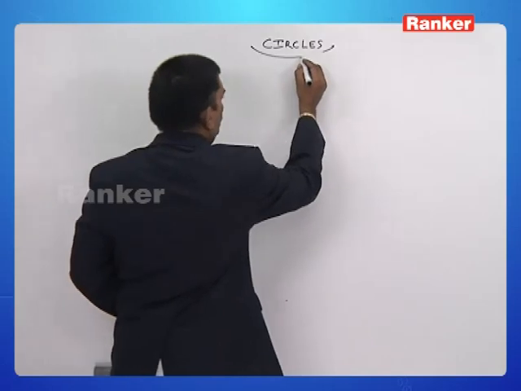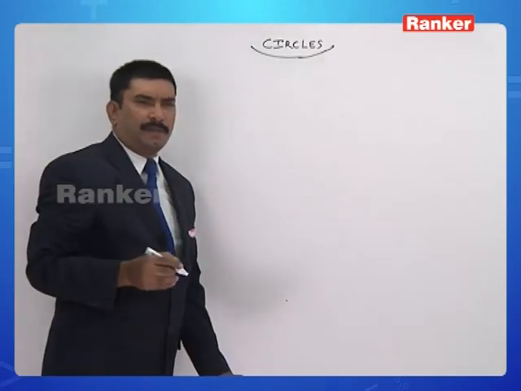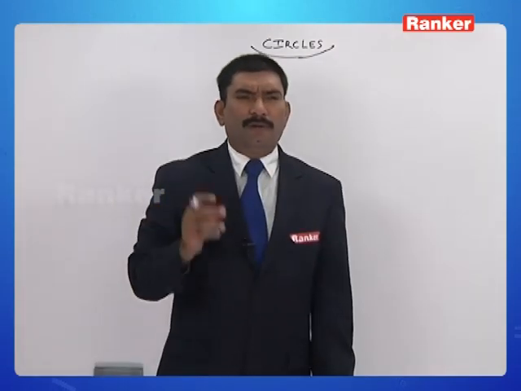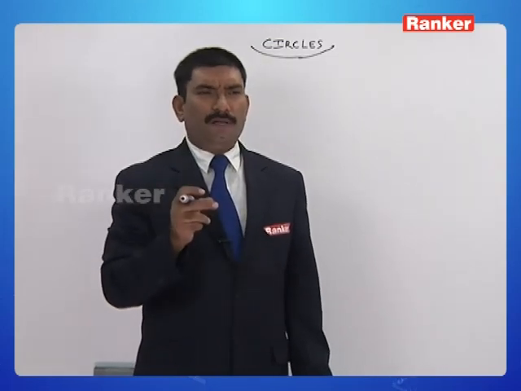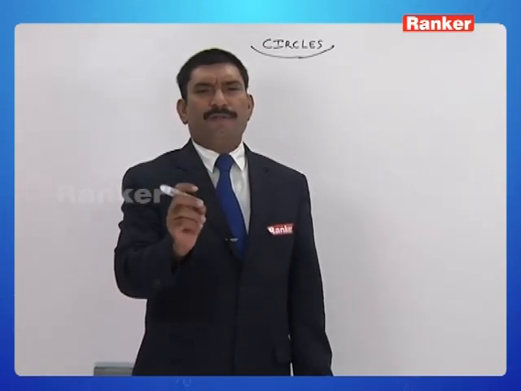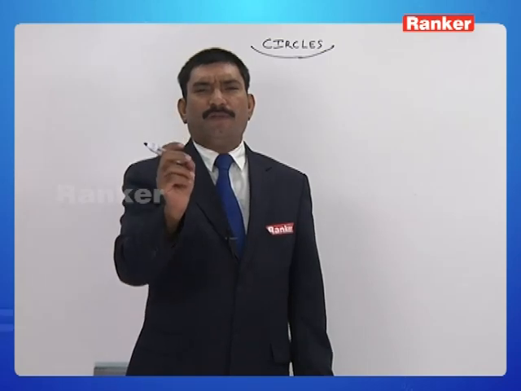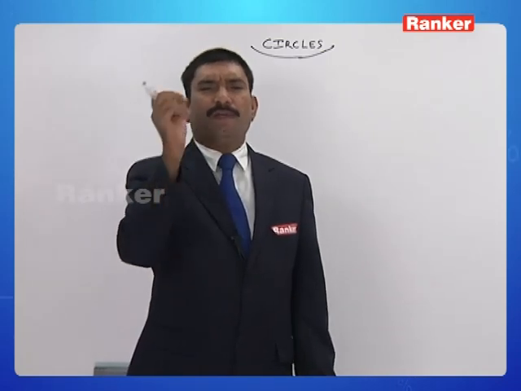The next concept is the equation of the chord to the circle joining the 2 points A of x1 comma y1 and B of x2 comma y2.